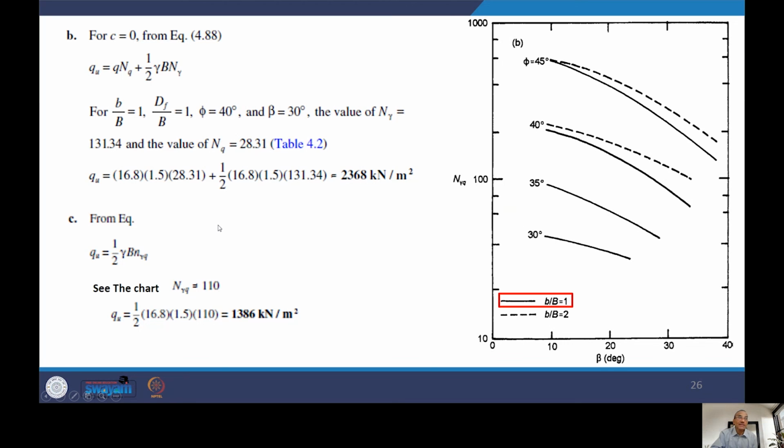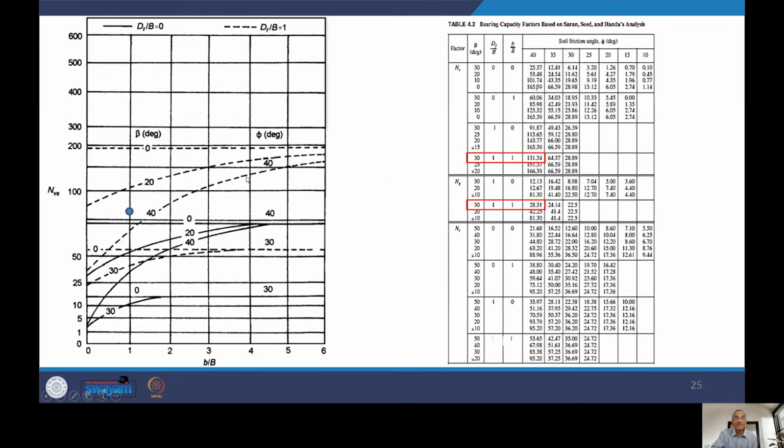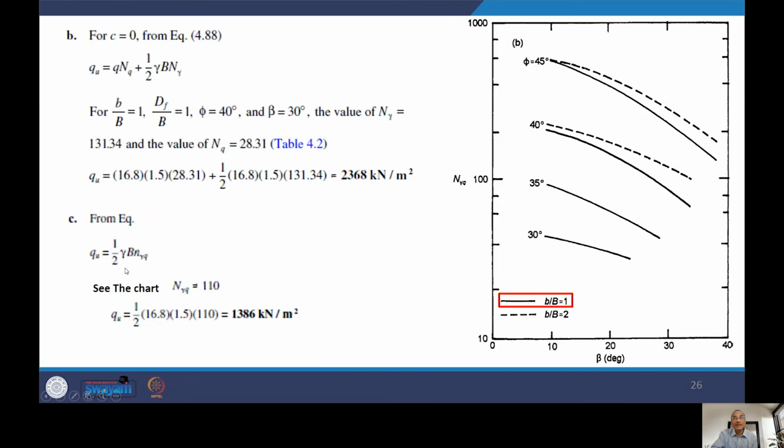Now, the last method, that is the stress characteristic solution. In case of a stress characteristic solution, the ultimate bearing capacity is simply given by half gamma B N gamma q, where N gamma q can be found from this chart. In this chart, we need to pick up the line for B by B equal to 1, that is the solid line, and phi equal to 40 degrees.